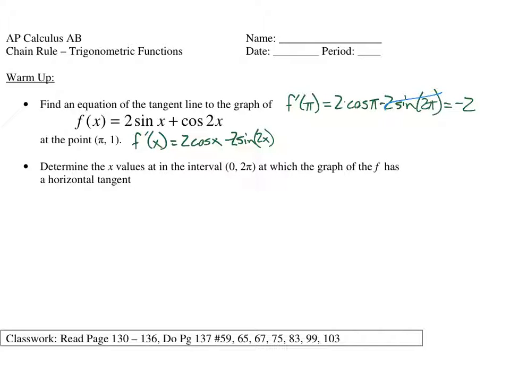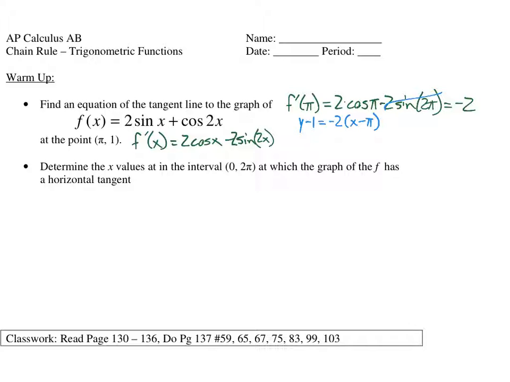And now we can use our point slope form or slope intercept form, whatever you want. I like to use point slope form, so here we'll go y minus 1 equals our slope negative 2 times x minus pi. I'm using the point (pi, 1) here.